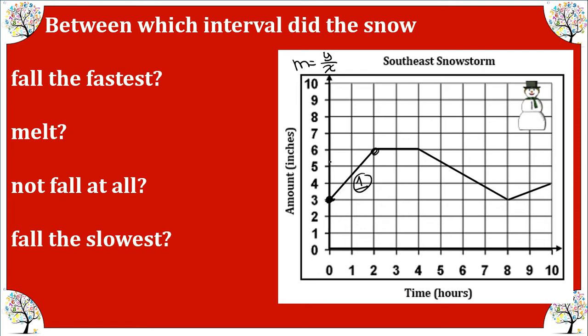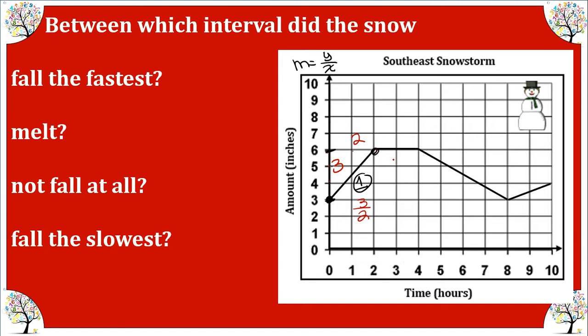We can see that we went from 3 to 6, so that was up 3 units, a change of 3, and we went over 2 hours. So interval 1 is 3 over 2, so 1.5 inches per hour is how you could look at that.